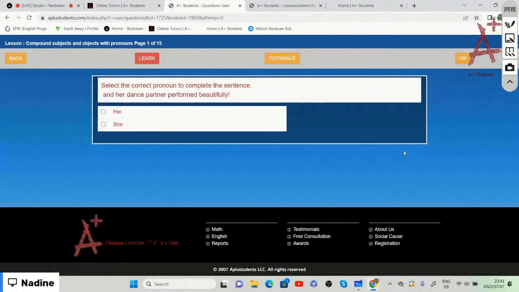All right, so now we're going to do a test on the compound subjects and objects with pronouns. We need to select the correct pronoun to complete the sentence. We need to choose her or she. So her and her dance partner performed beautifully, or she and her dance partner performed beautifully.